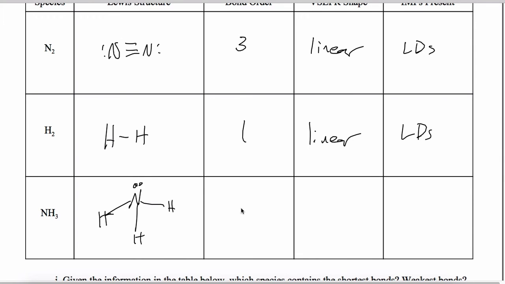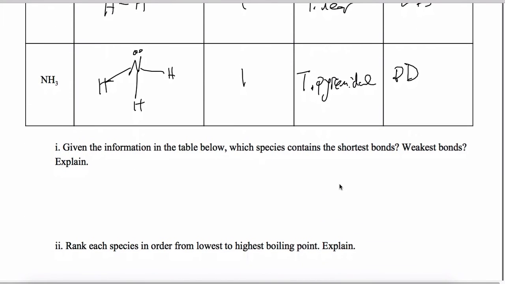We know the bond order is 1. This is your trigonal pyramidal shape with that lone pair, or unshared pair of electrons on the top of the nitrogen. The strongest intermolecular forces present here are dipole-dipole. Now again, yes, these have the ability to hydrogen bond, but we don't need to worry about that as much because we're not comparing it to anybody else in this case.